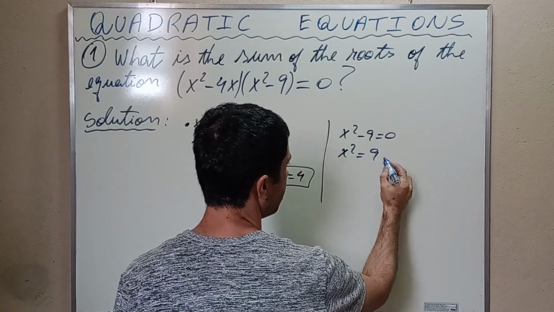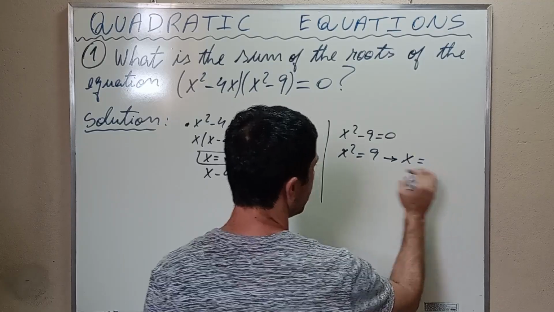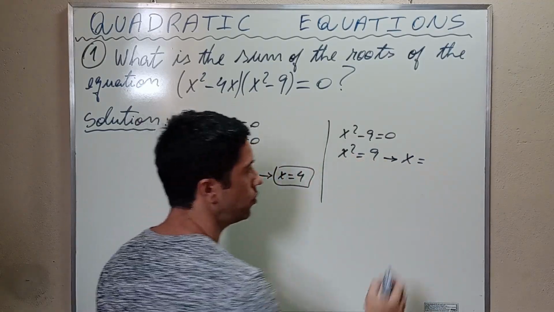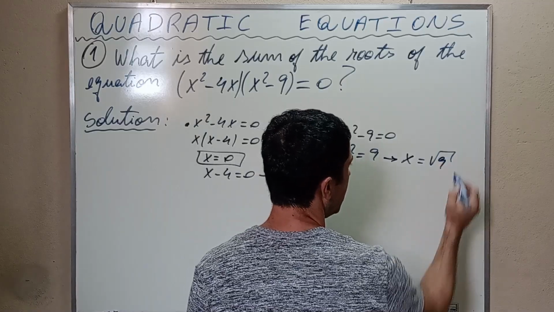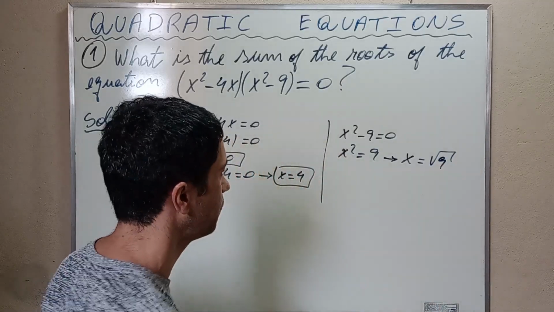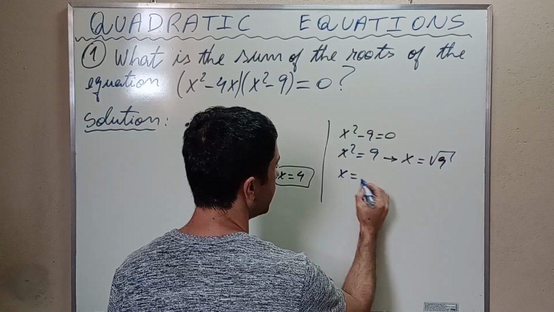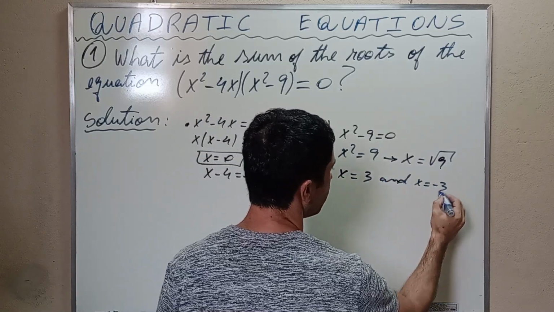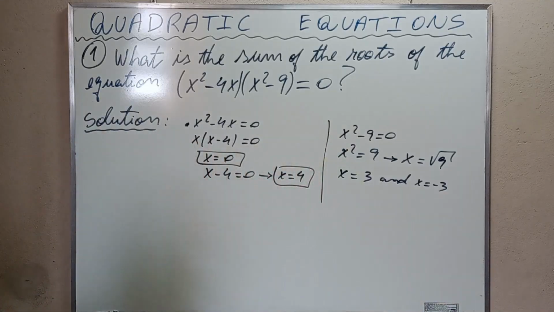I pass this, and it becomes x is equal to, I pass this squared, it becomes the square root of 9. I have two values for this. The first is x equal to 3, and the second is x equal to negative 3.